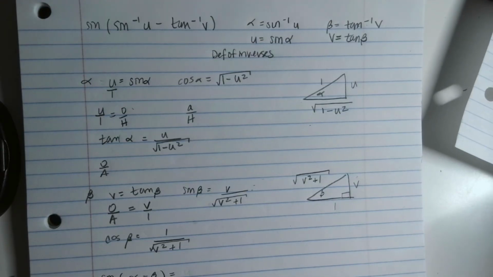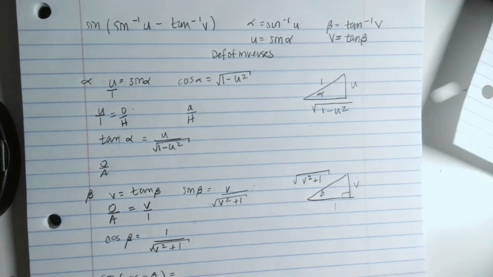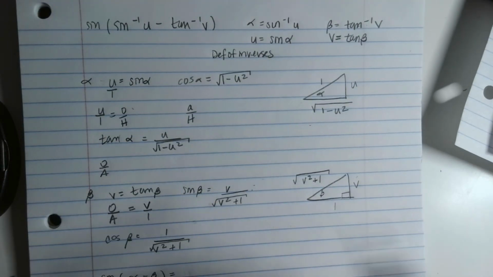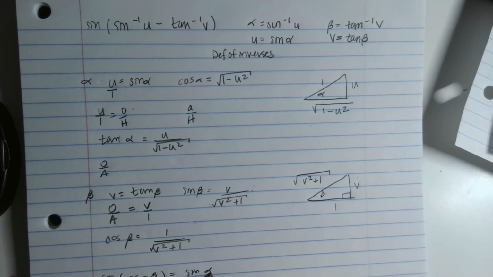So initially, it's going to be sine alpha cosine beta minus cosine alpha sine beta.